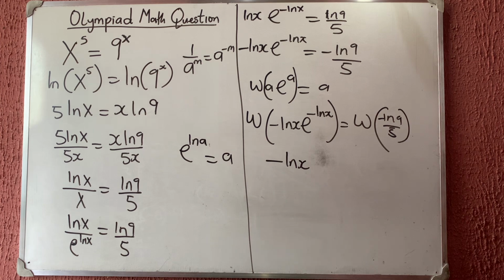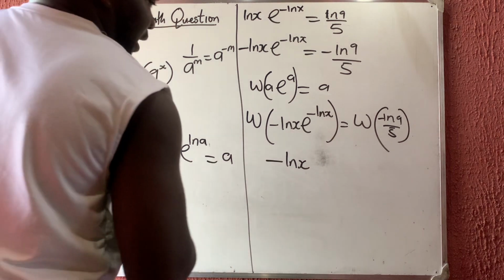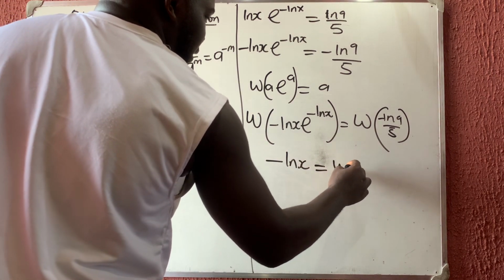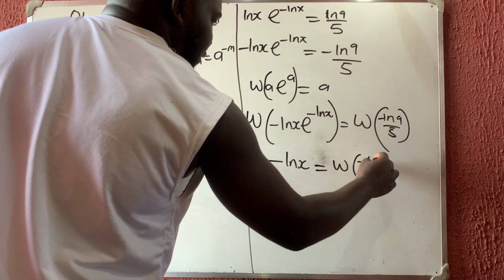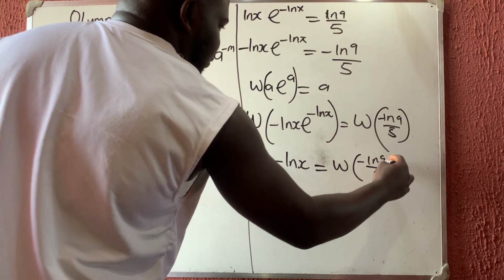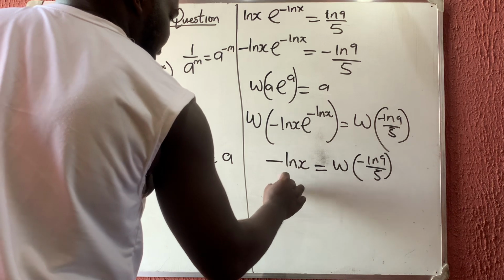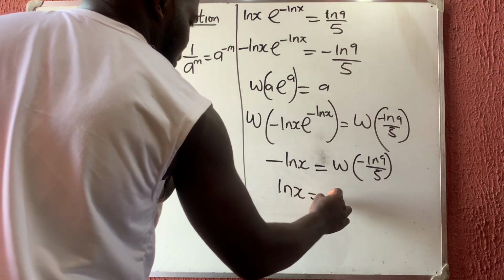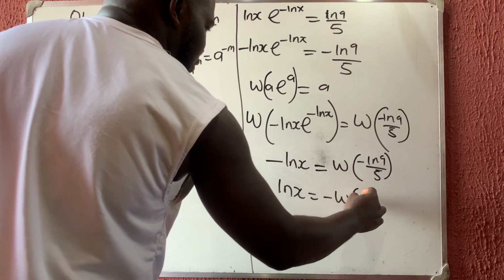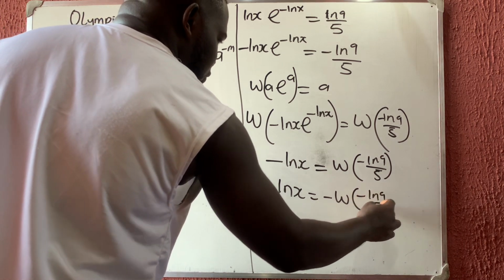So now what do we do next? Multiply both sides by minus. So I'm going to have that ln x is equal to negative W function of negative ln 9 over 5.